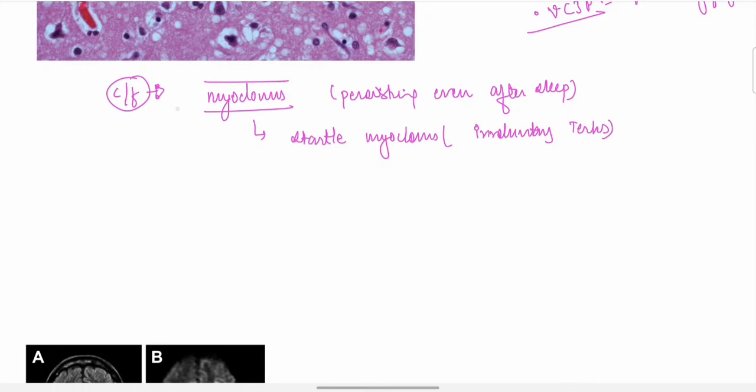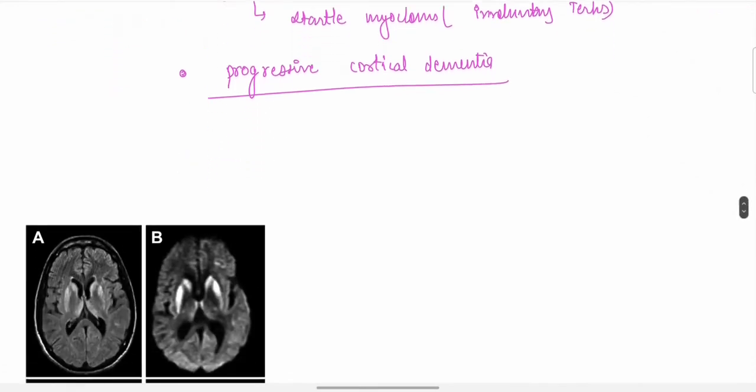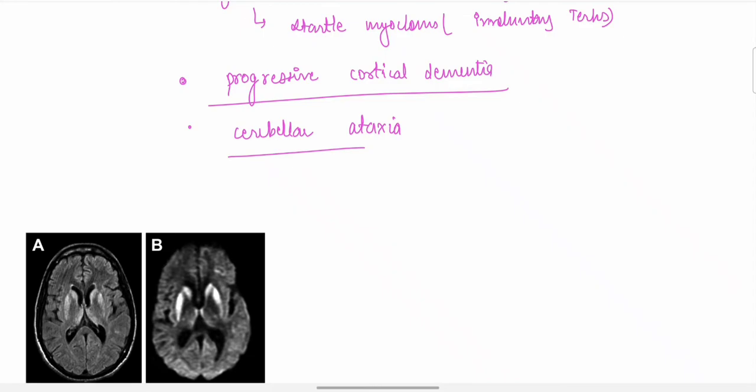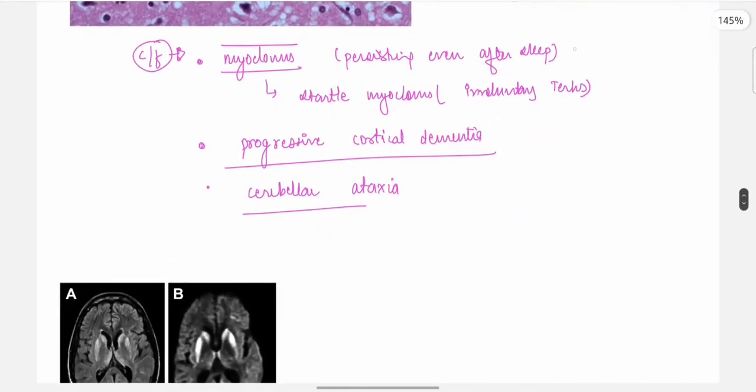Then, there is characteristic cortical involvement, so there is progressive cortical dementia in this patient, myoclonus, and cerebellar ataxia. So the patient will present with myoclonus which persists even after sleep, progressive cortical dementia and cerebellar ataxia.